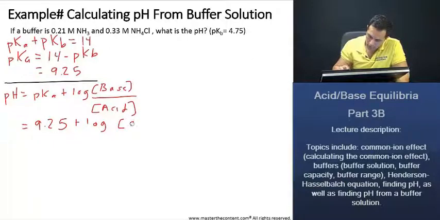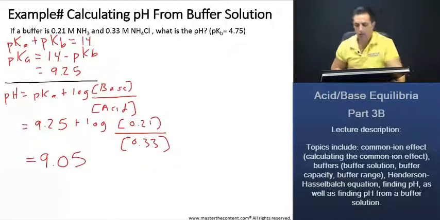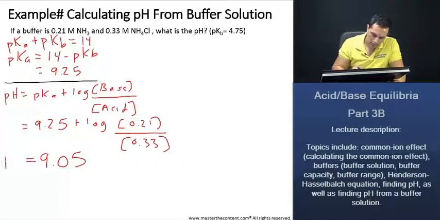It's ammonia, which is 0.21. That's being given to us, right? Over our acid concentration, which is just going to be 0.33. And once you equate this, you'll have a value of 9.05 as your pH. Okay, great.